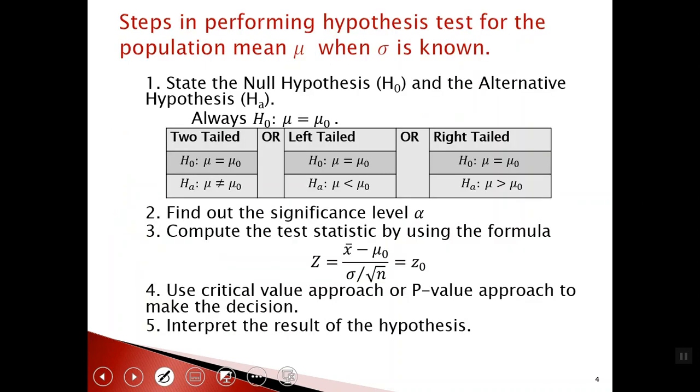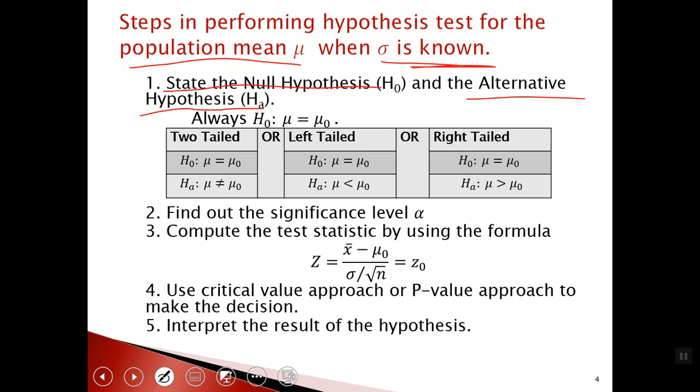Let's see how we do this hypothesis test. Population mean mu, and sigma, the standard deviation, is known. So I have summarized here what we have discussed so far. First, state the null hypothesis and alternative hypothesis. The alternative hypothesis always means your claim.